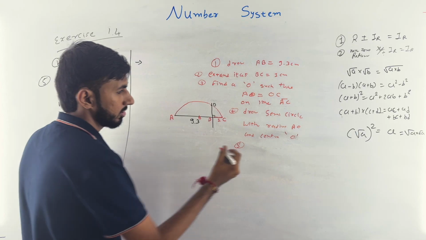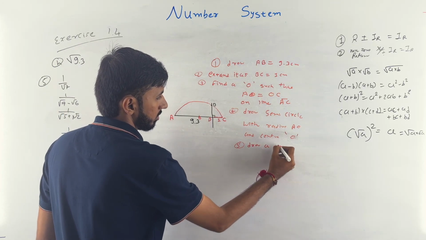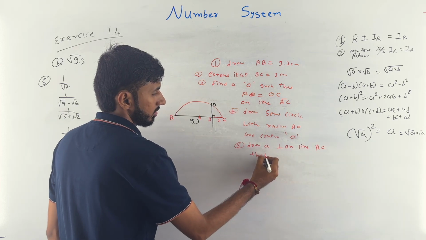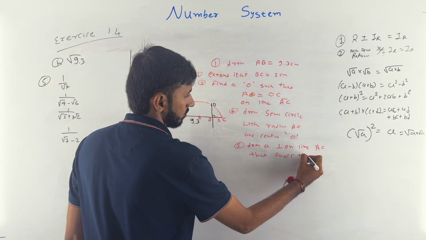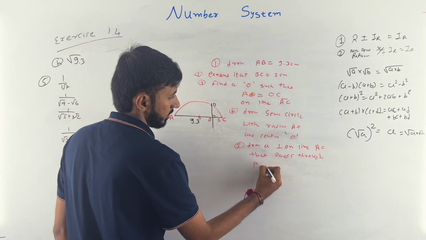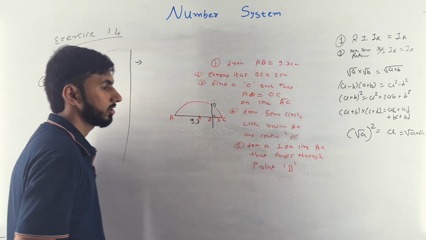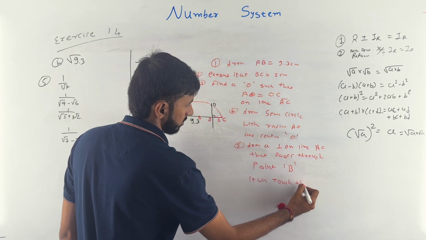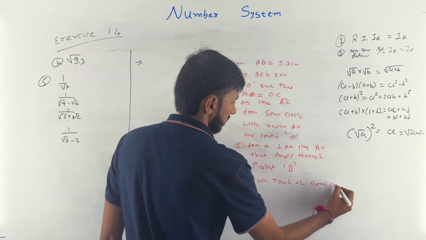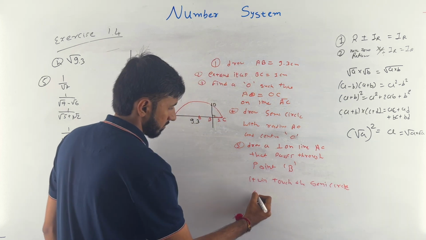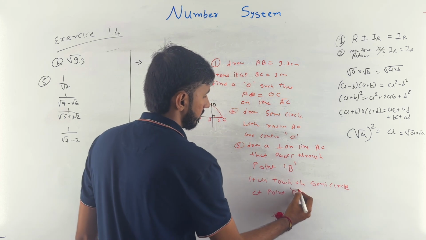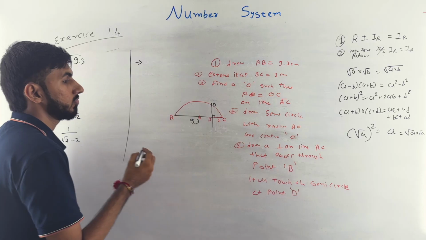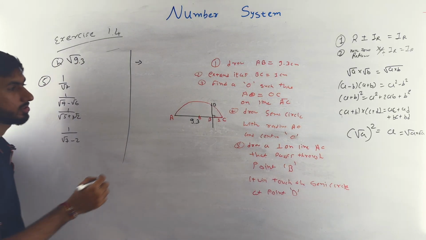So let me mention it. Now draw a perpendicular on line AC that passes through point B. It will touch the semicircle at point D. Now the value of BD is the value asked in the question.